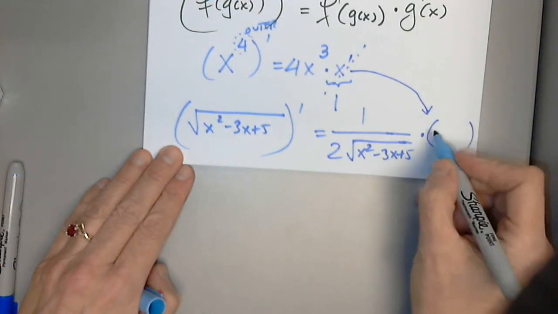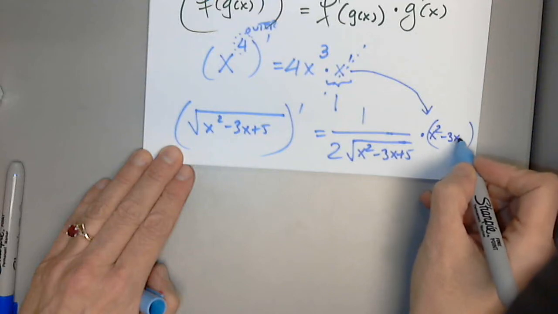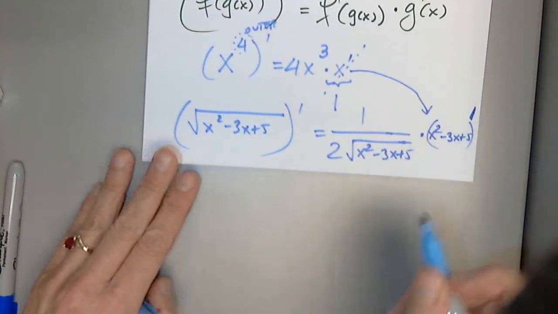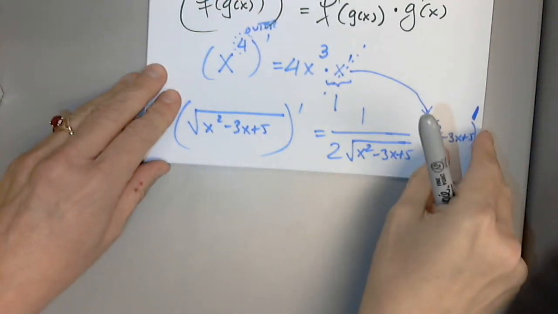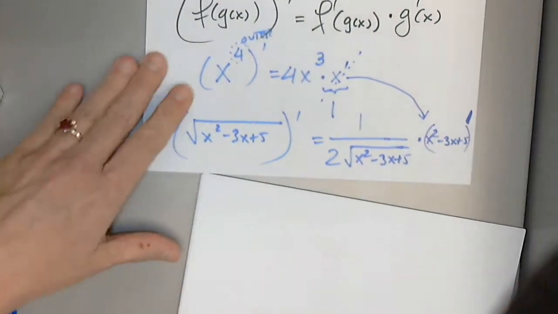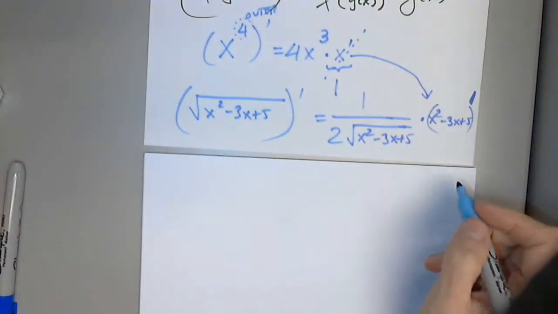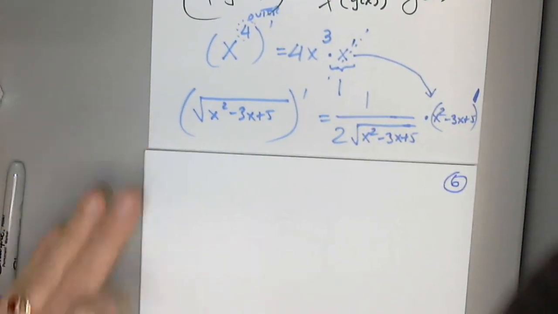So let's put it in parentheses for everyone to see first. Prime. It's this that I omitted. Why? Because x prime is 1. But if I had anything else in here, I would have written times that function prime. So we're not done. We have one more step. And then I want to show you another example, and then we pick any problem you want from the book.